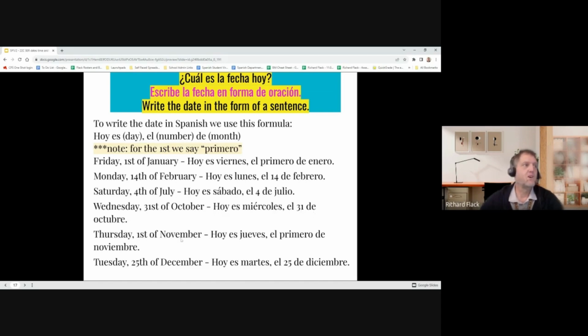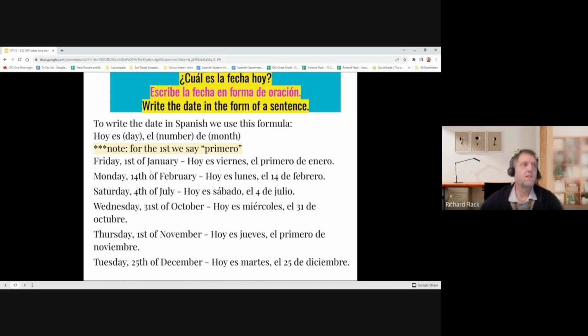Thursday, the 1st of November. Hoy es jueves, el 1 de noviembre. Make sure you put primero and not el uno. And Tuesday, the 25th of December. Hoy es martes, el 25 de diciembre.